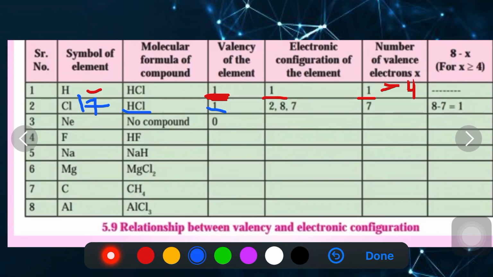Its electronic configuration is 2,8,7. Number of valence electron is 7. X is 7. Why? Because how many electrons are in the outermost shell? 7. Okay, now this 7 is more than 4. Okay, X is more than 4. Then we will do 8 minus X. So 8 minus 7 is equal to 1. That is why the valency will be 1.